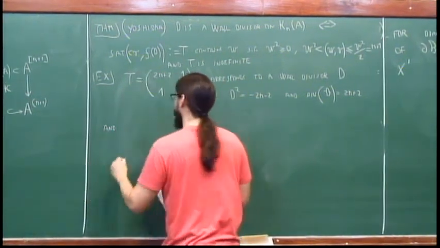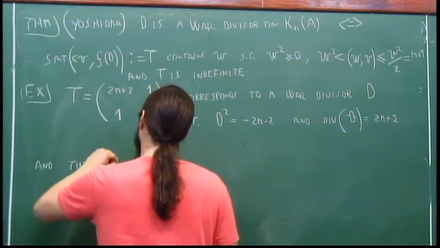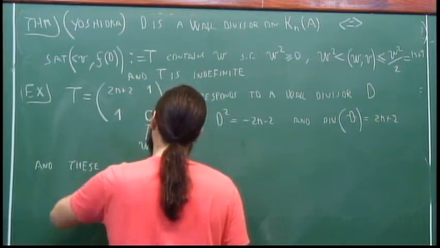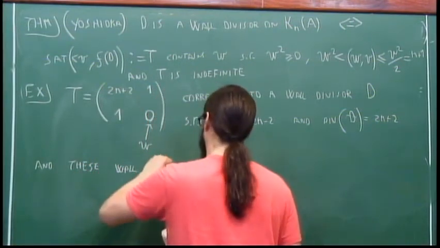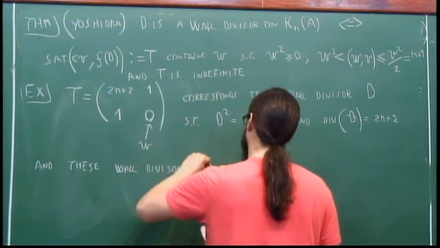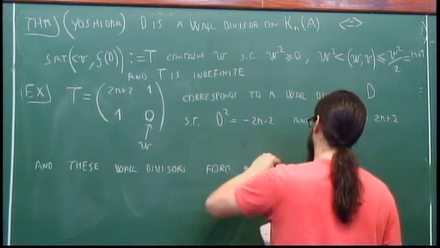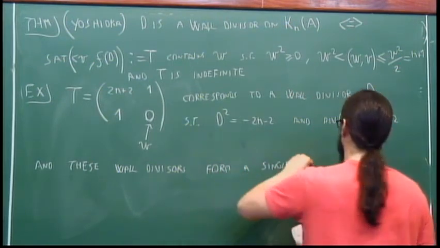And what I will use is that these wall divisors form a single isometry orbit.